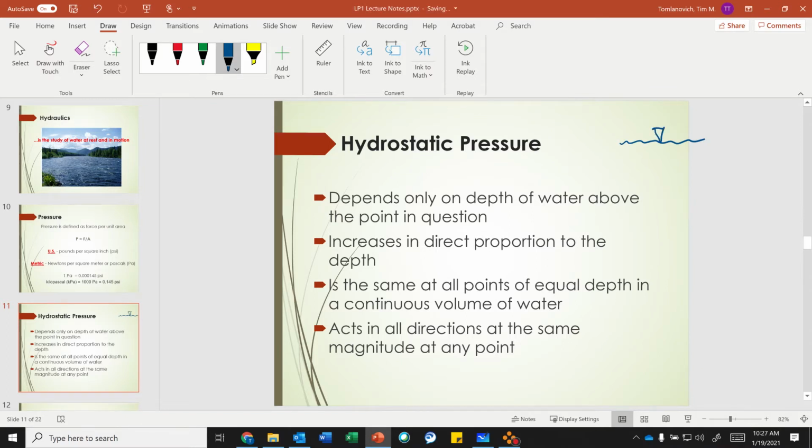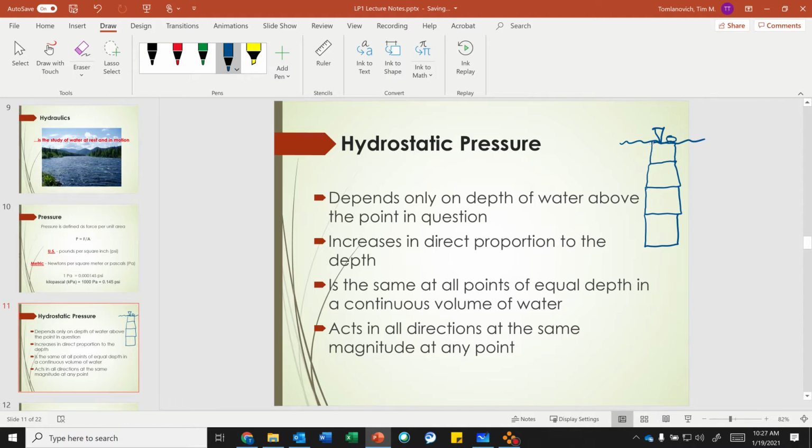We know 1 cubic foot of water weighs 62.4 pounds per cubic foot. There's 1 cubic foot, 2 cubic feet, 3 cubic feet, 4. Right at the surface is 0. So as I get deeper, I keep adding 62.4 plus 62.4 plus 62.4.